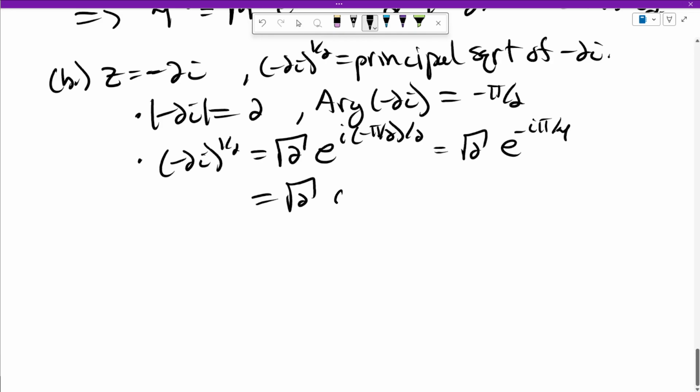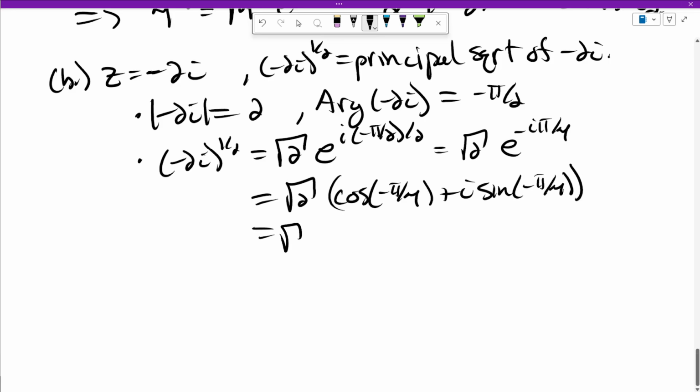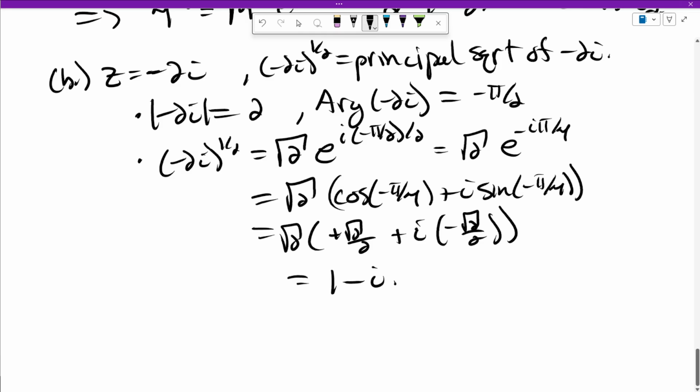That's root 2 times cosine of negative pi over 4 plus i sine of negative pi over 4. That's root 2 times positive root 2 over 2, plus i times negative root 2 over 2. And we multiply through by root 2, so it's going to make our coefficients 1. So we get 1 minus i.